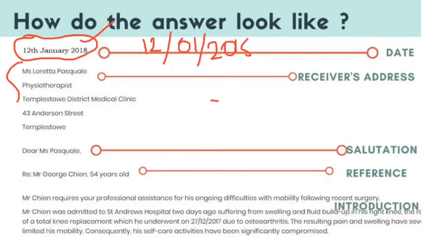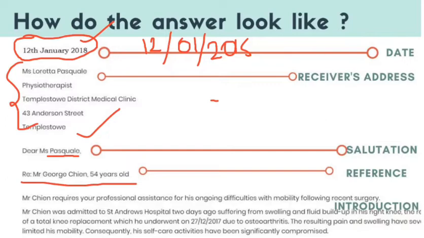Then we write the receiver's address, that is Miss Loretta Pasquale, the physiotherapist, to whom we are writing this letter. Then we give a salutation: Dear Miss Pasquale, we put the surname. After that, we give a very basic detail of the patient, that is the reference.